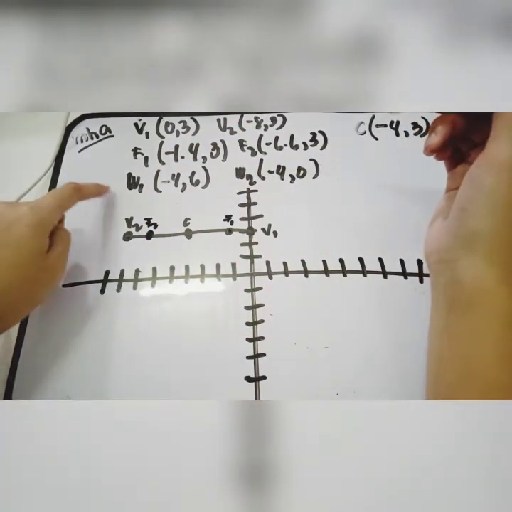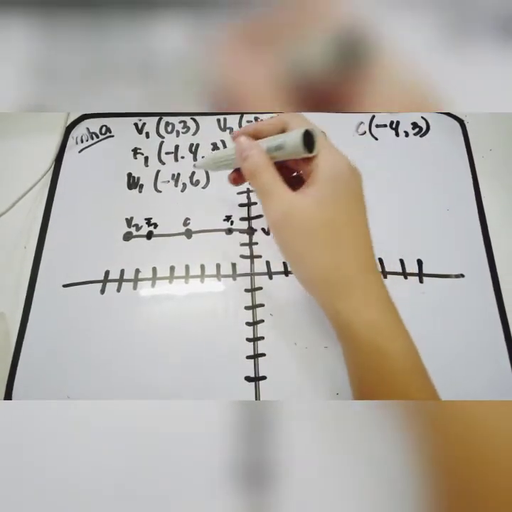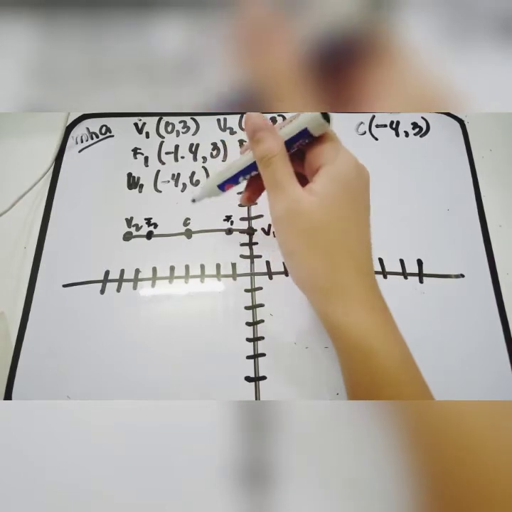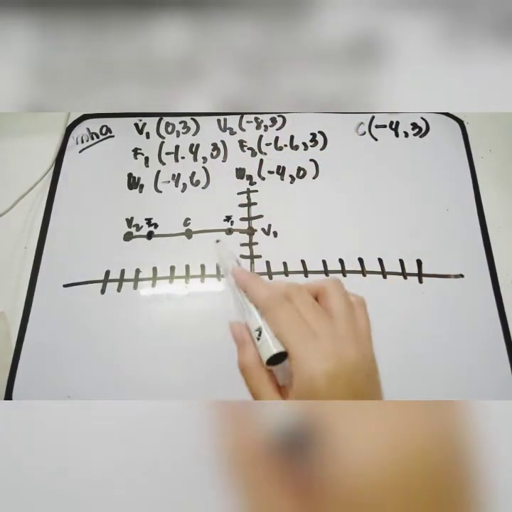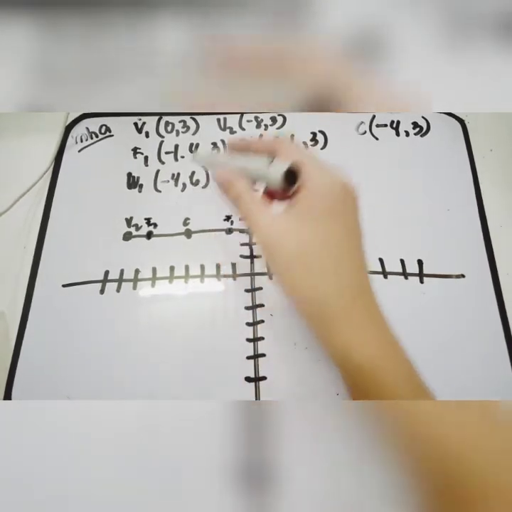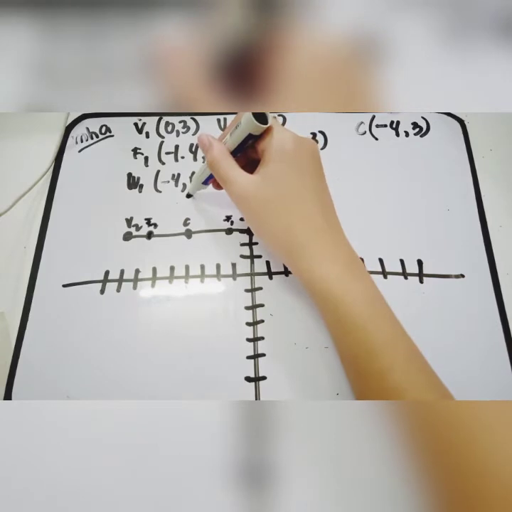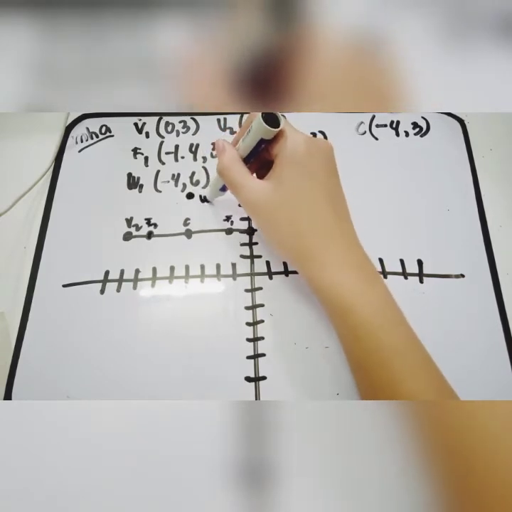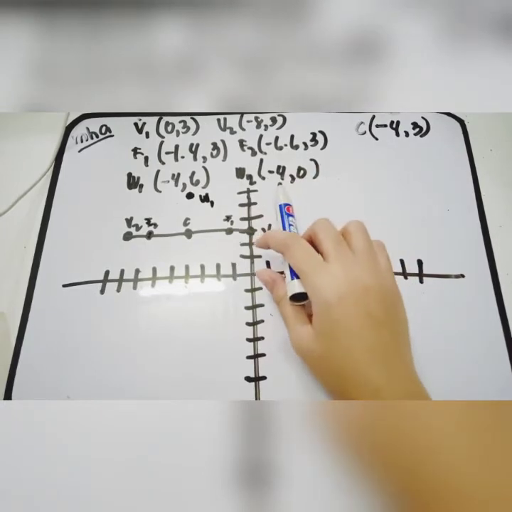Okay, next. The co-vertices. So, the co-vertices are negative 4, 6. So, negative 4, then 6. 4, 6. So, 1, 2, 3, 4, 5, 6. It's here. This is your W1. For W2, that's negative 4, 0.